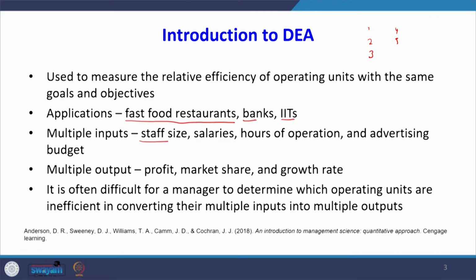It is often difficult for a manager to determine which operating units are inefficient in converting their multiple inputs into multiple outputs. Whenever this kind of problem arises, DEA, data envelopment analysis, is the most suitable method.